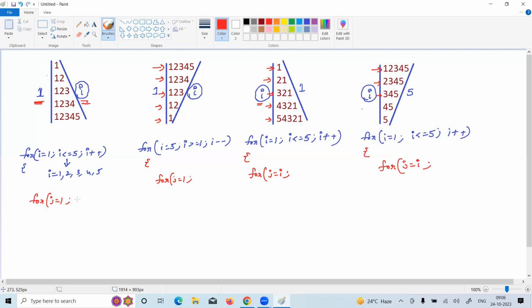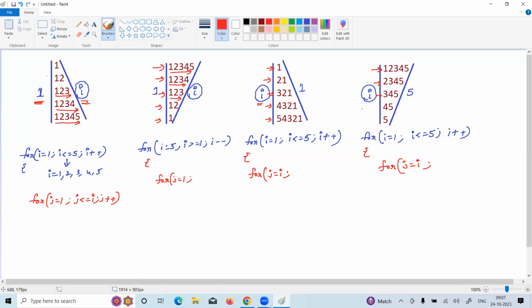But sir, J less than or greater than? See, increasing order. Each row increasing order: J less than or equals to I, J plus plus is increasing. Sir, here increasing order or decreasing order?